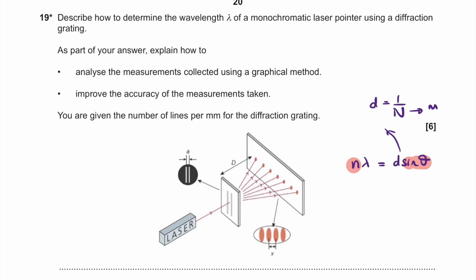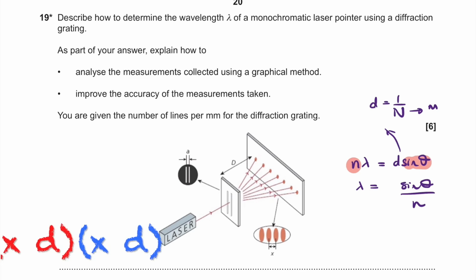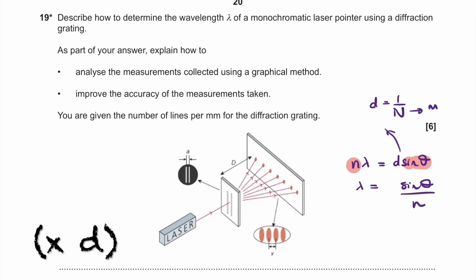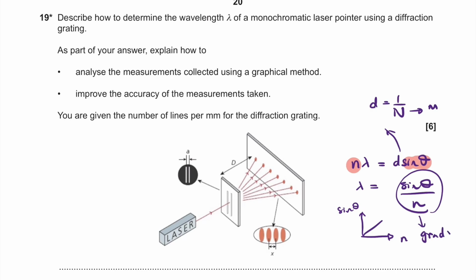If we end up obtaining a graph of sine theta versus n, where n is the order of the maxima, we would be able to get a straight line graph and we can work out the gradient. If sine theta is on the y-axis and n is on the x-axis, then its gradient would be multiplied by d. We can then work out the value of lambda.